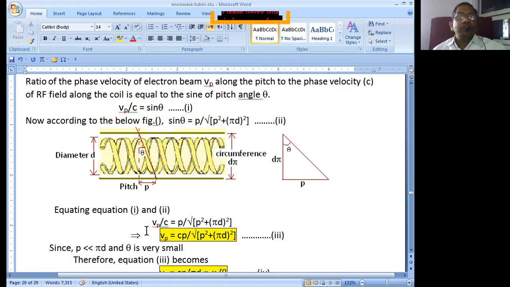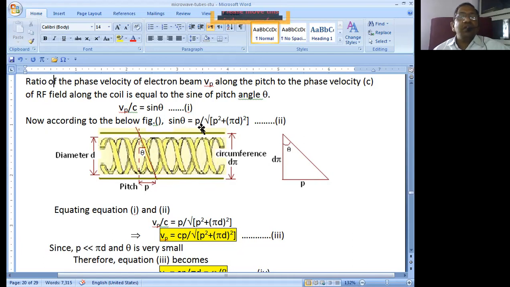The phase velocity of the electron beam is called Vp, and the phase velocity of the RF field along the coil is called C. So the phase velocity of the RF field is going to increase if you use it as an amplifier, definitely. And the phase velocity of the electron beam, before modulation, Vp by C, is equal to sine theta for us.